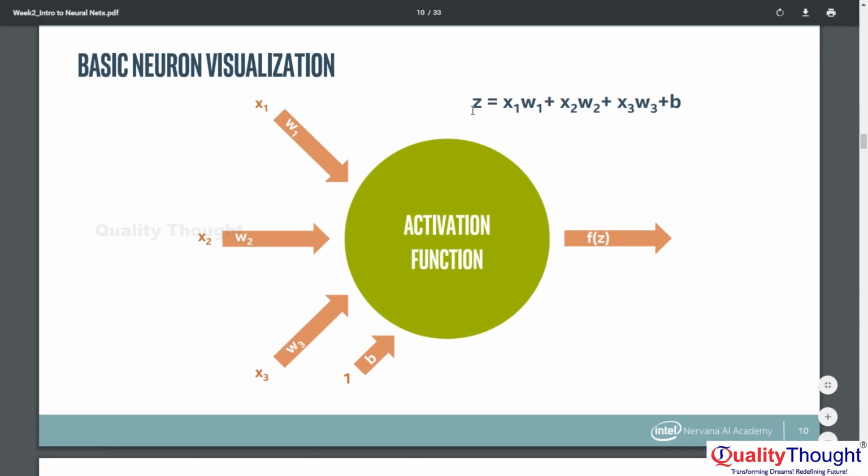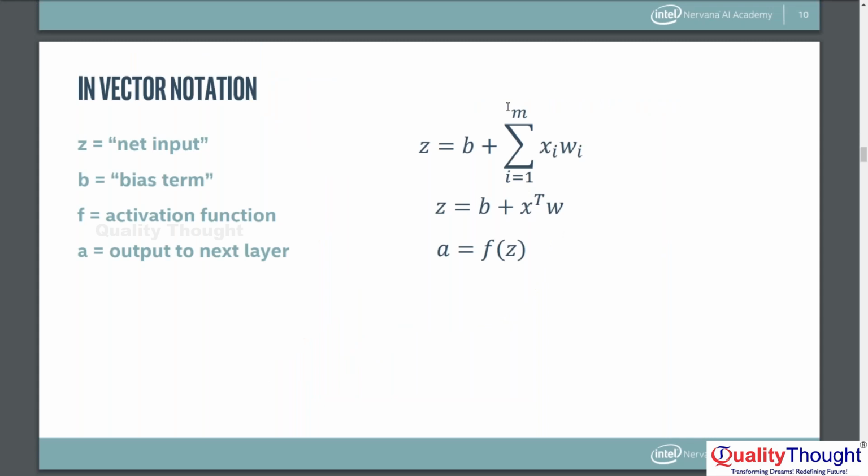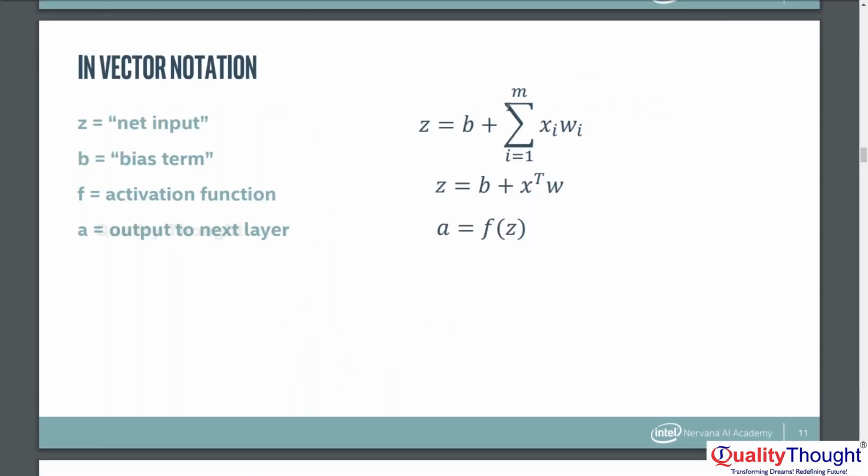Here we have z is equal to x1 w1 plus x2 w2 plus x3 w3 plus b. So this is the vector notation. z is equal to the net input, b is equal to the bias, f is equal to the activation function, and a is equal to the output to the next layer. So this is the basic formula that we could understand from the neural networks.